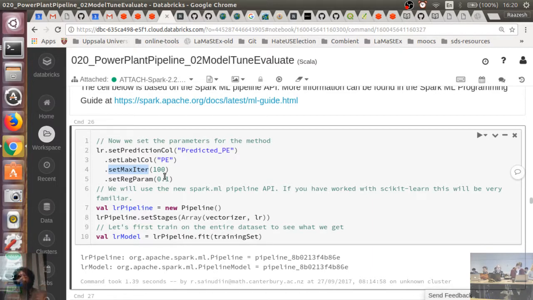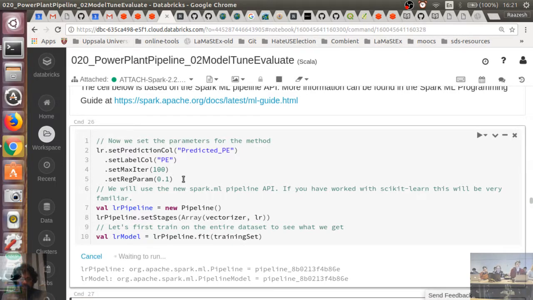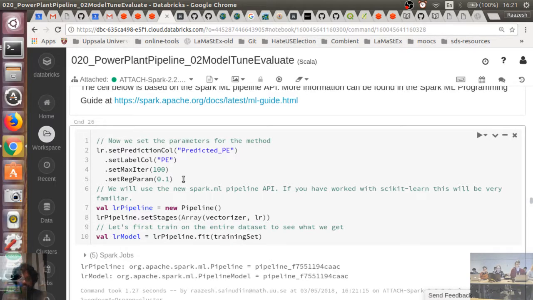That's for the stochastic gradient descent algorithm, or stochastic variant. So it'll stop after a maximum of 100 hops down the slope. And then now I'm setting the regularization parameter to be 0.1. That's the lambda, I think.